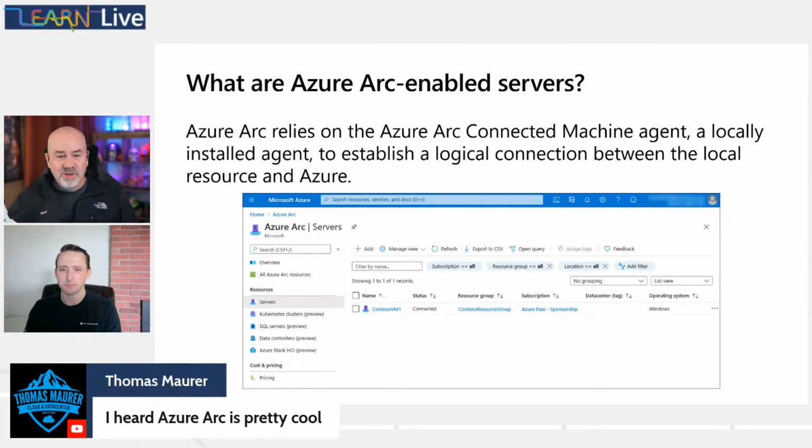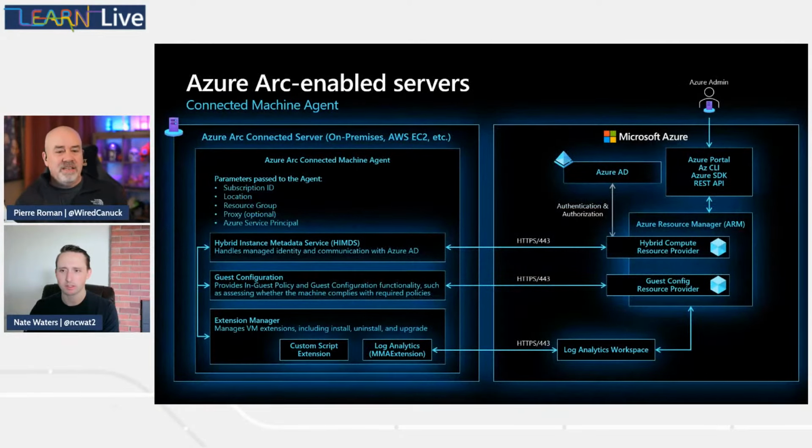So if we go on to what the connected machine agent is, you can see from this slide, and there's lots of information on this slide, but the only thing I wanted you to grasp is the fact that all of that communication is over HTTPS 443.